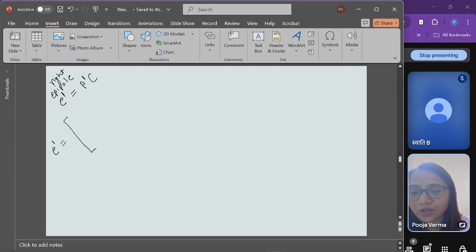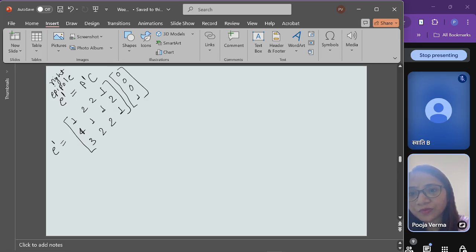Then we need to calculate the skew symmetric matrix E cross dash. That's this one. So 1, 2, 2, 1, 4, 1, 1, 2, and 3, 2, 2, 1, and the camera center is what we have got: 0, 0, 0, 1.